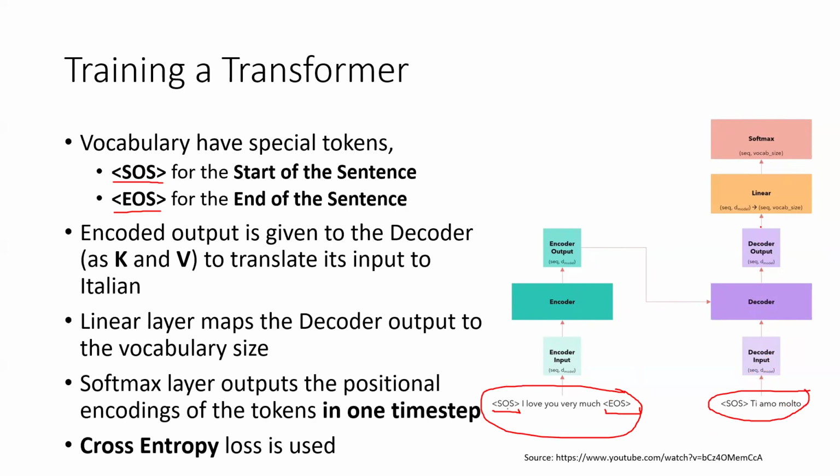So then the decoder output will be generated from here, and it will be mapped to the vocabulary using this linear layer. And once it is mapped, the next most probable token, the Italian token, will be generated from the softmax layer. This is how the translation happens in a transformer model.